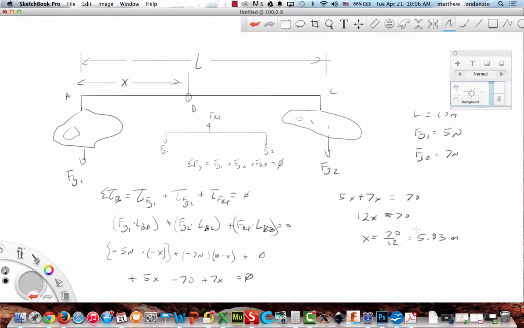It should be a negative, because it's really from A to B. So that's the position where your string has to be balanced. Does that make sense? Okay.